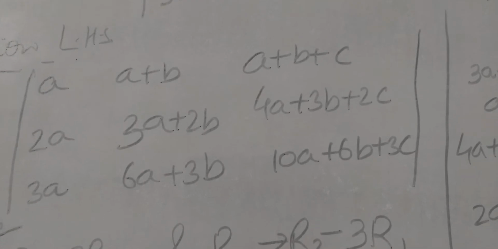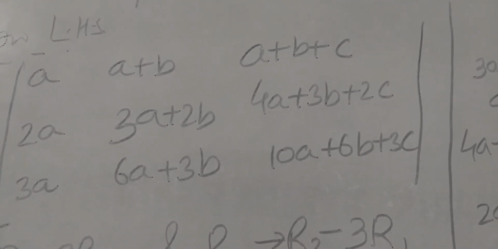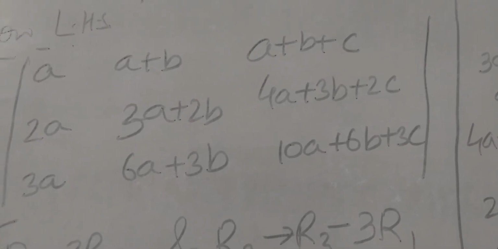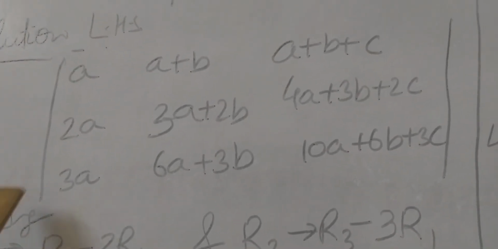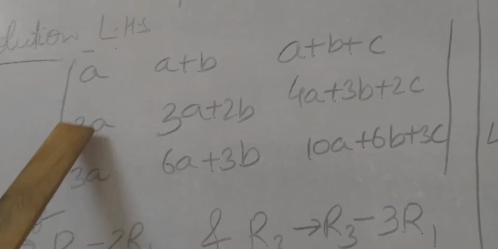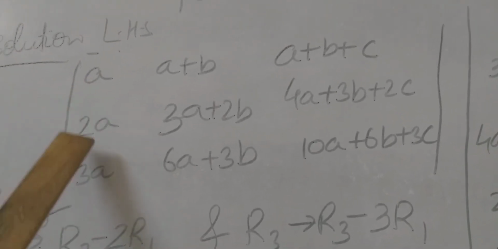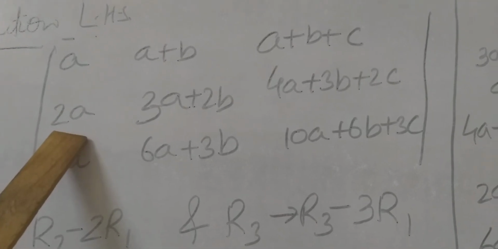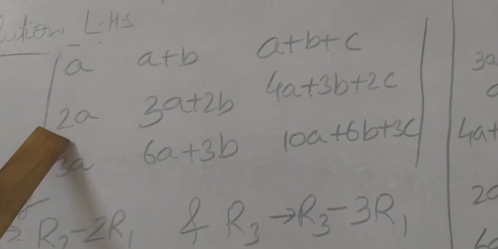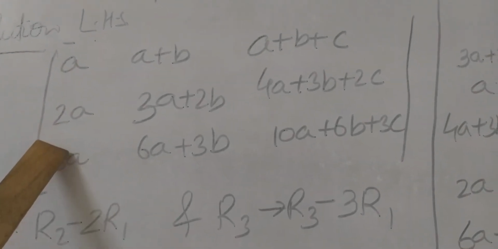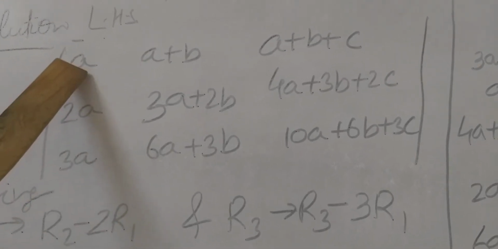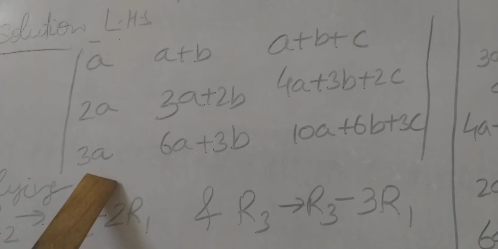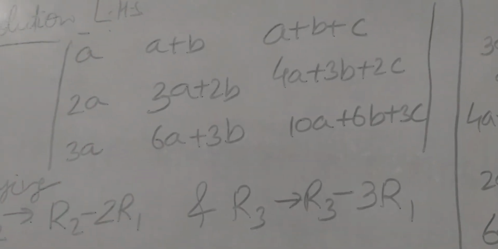As I told you just now, we try our best to make zeros. If I subtract twice of R1 from R2, we can get 0 here. Similarly, if I subtract thrice of R1 from R3, we get 0.